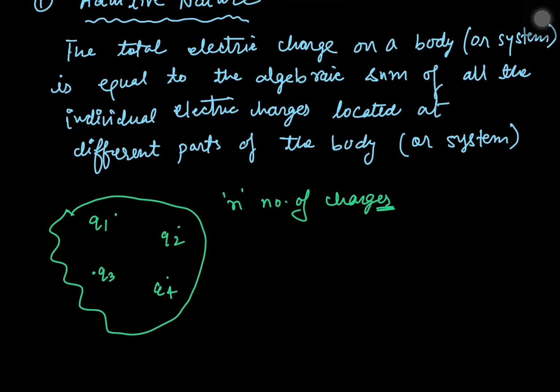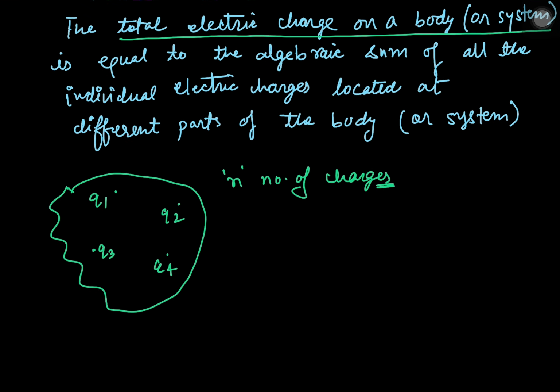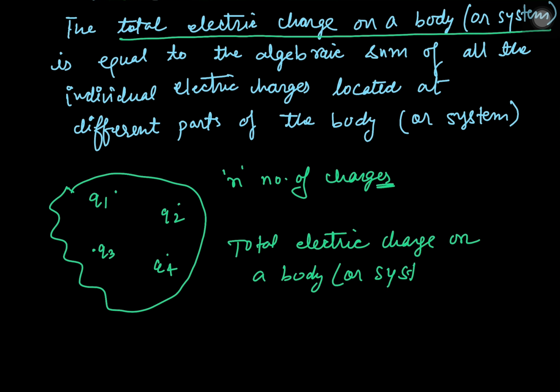So what is the total electric charge on this body or the system? The total electric charge on a body or a system for this case would be represented as the algebraic sum of all the individual electric charges.